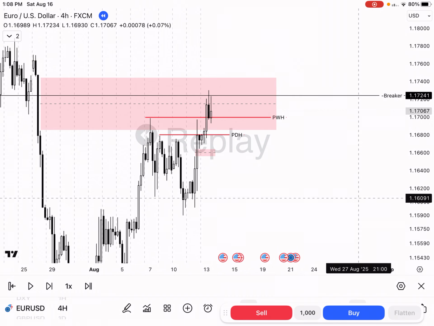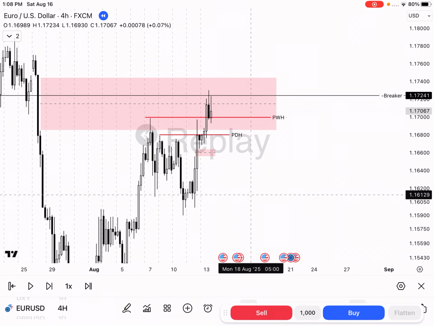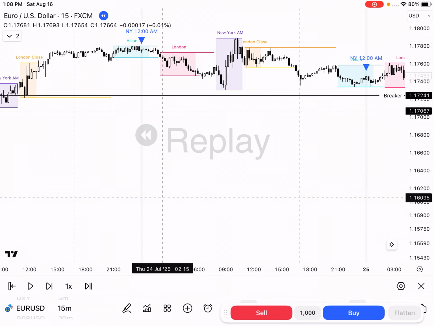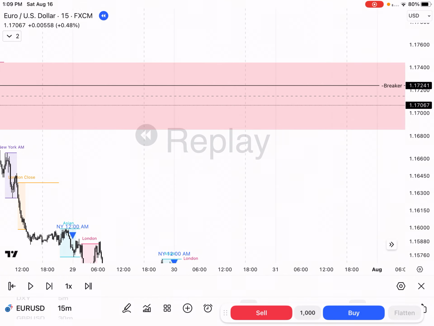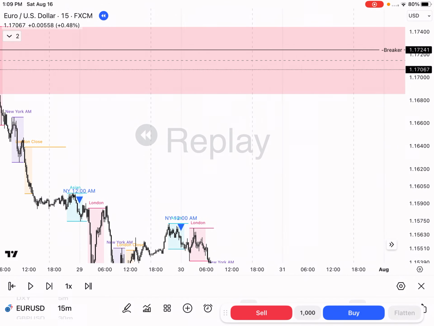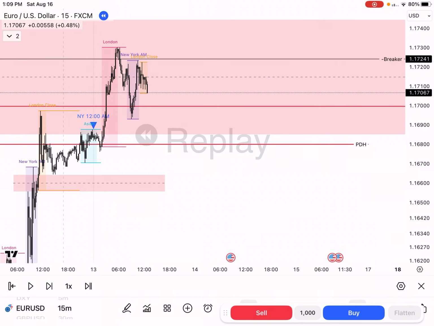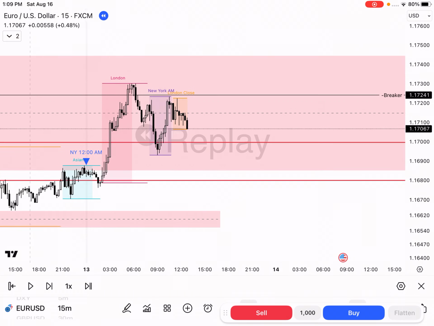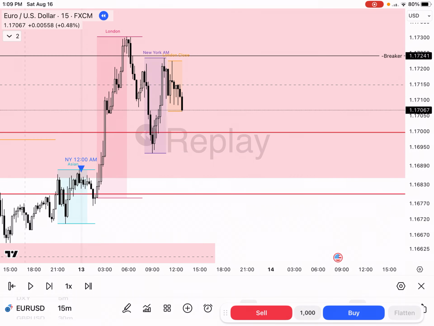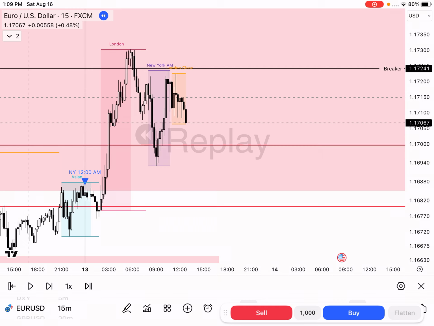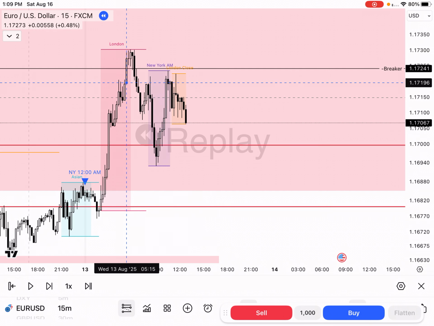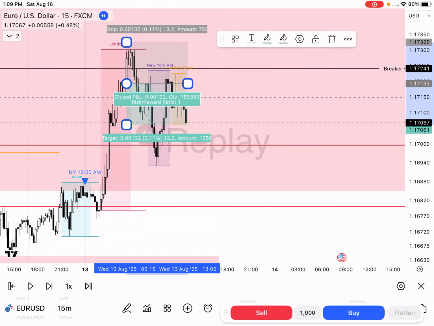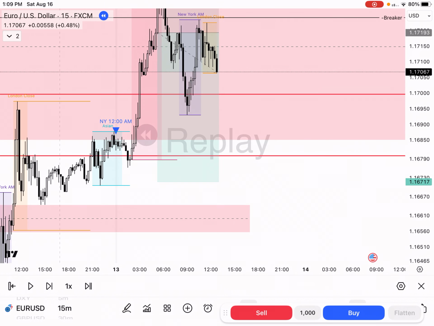So I took a trade here on the 15-minute chart. My entry was here, on this bearish order block, all the way to the bearish FVG.